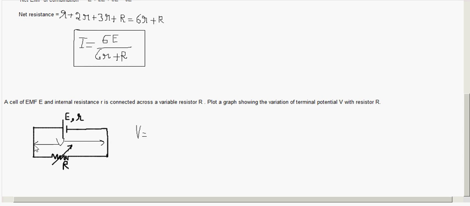If I is the current in the circuit, we can write V is I into R, and we know I is given by E divided by R plus r.